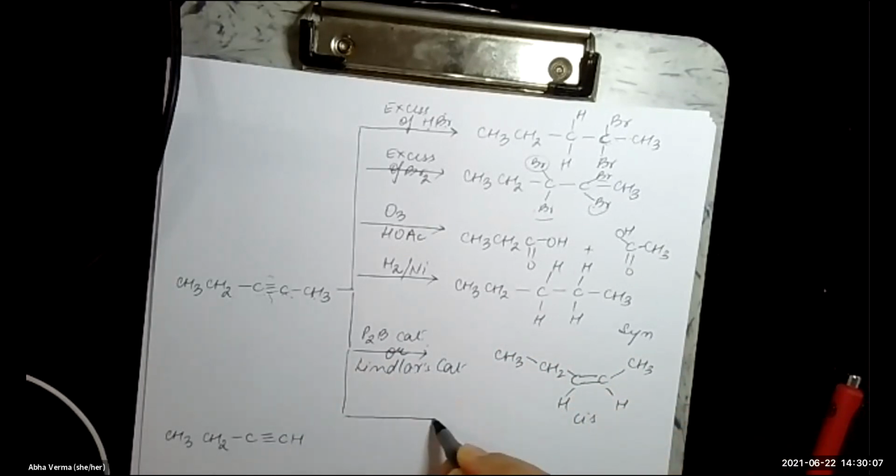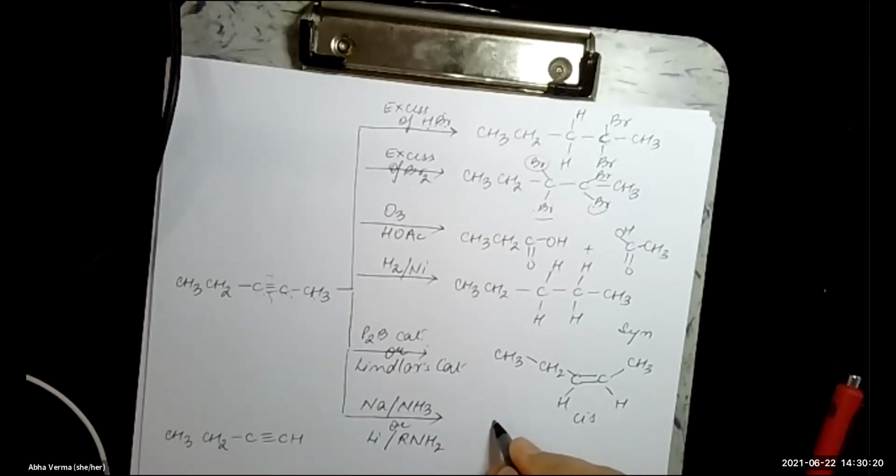Whereas using sodium with ammonia, or lithium with an amine, RNH2, you're going to get a trans product.